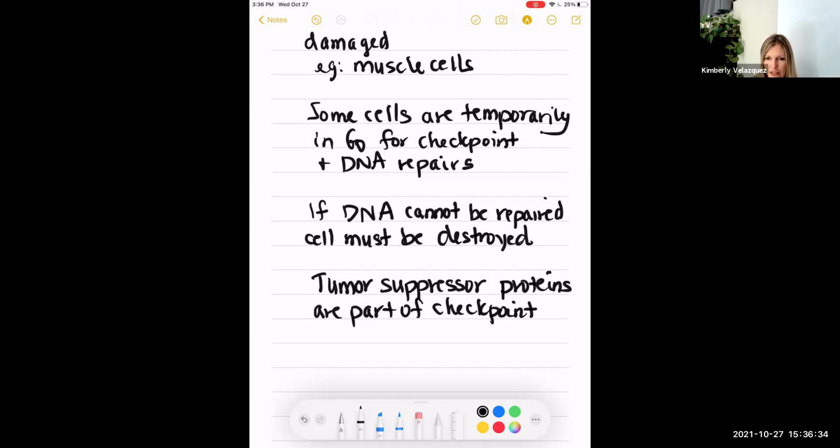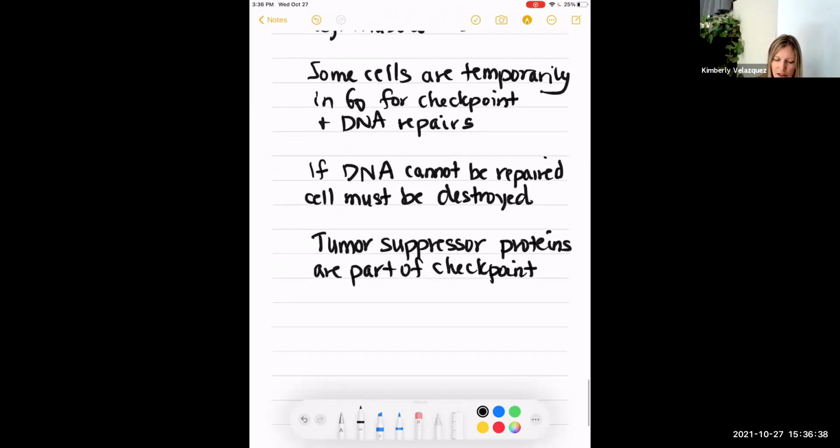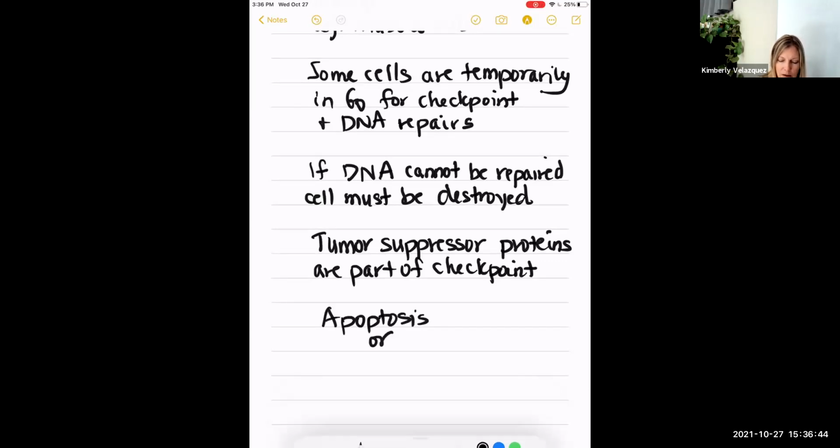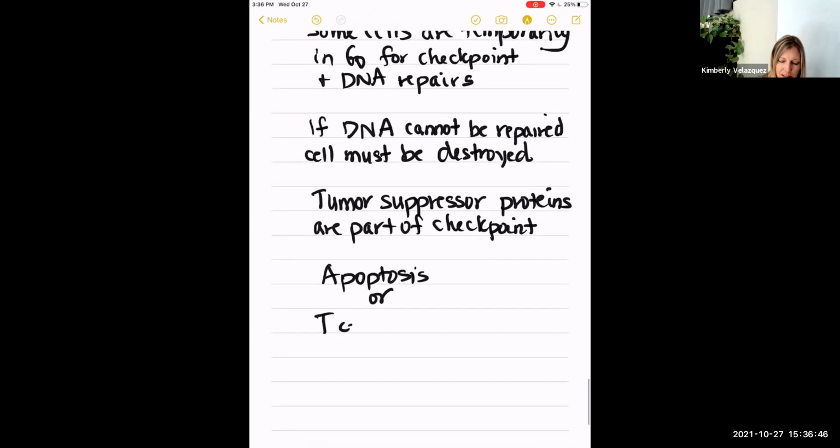So if a cell has bad DNA, they're going to signal that cell to go into apoptosis, or you're going to have some T cells that destroy that cell and not allow a bad cell to divide. And that's all regulated by these important tumor suppressor proteins.